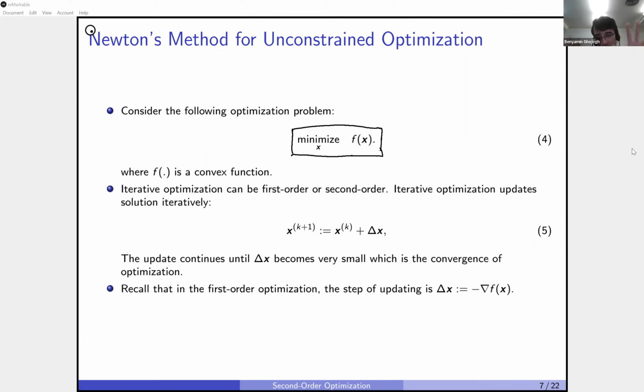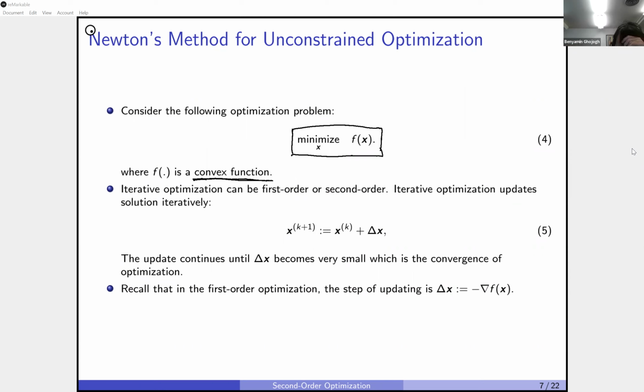Although they might not find the global minimum, usually the local minimum that they find is good enough for our practical cases. For example, in machine learning neural network optimization, the cost function is highly non-convex, but it usually finds a good solution. So don't be worried about this.